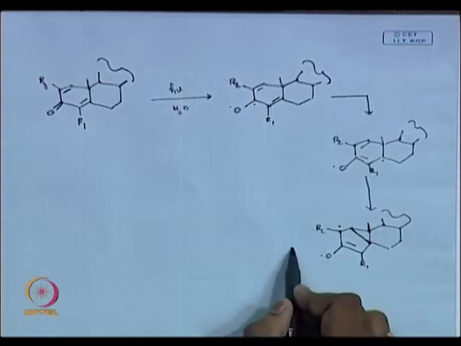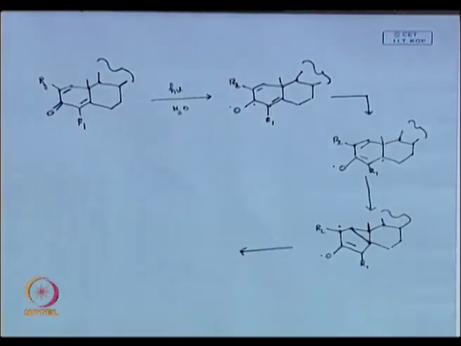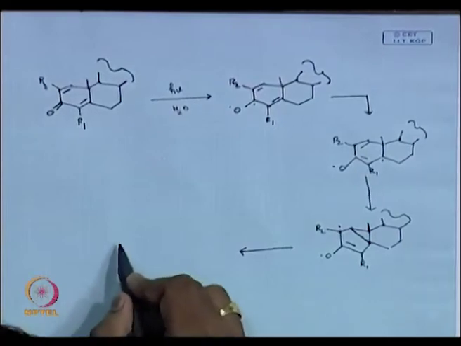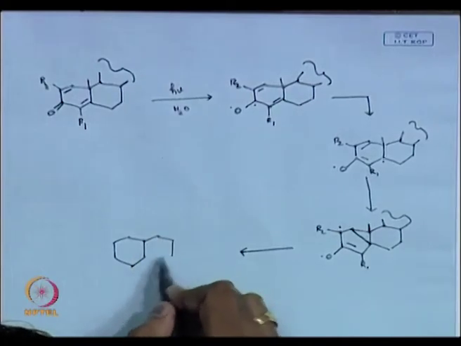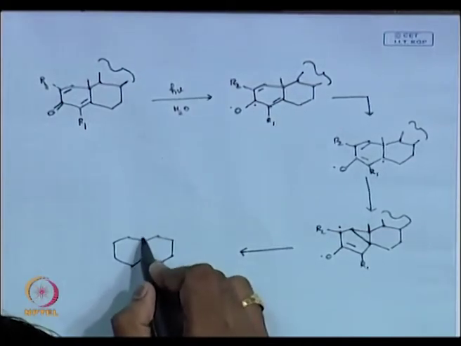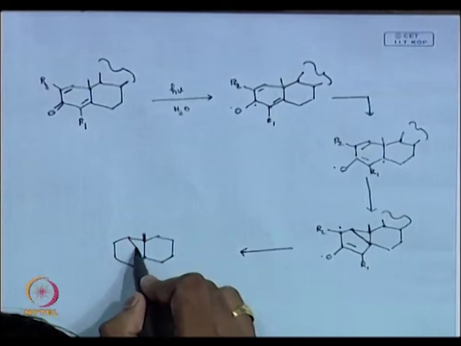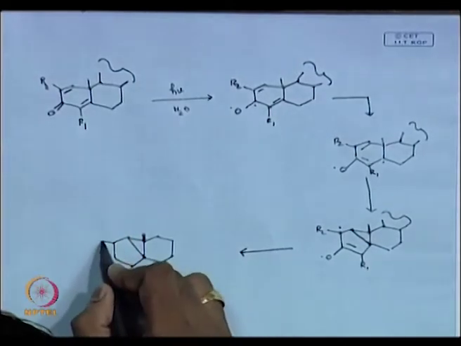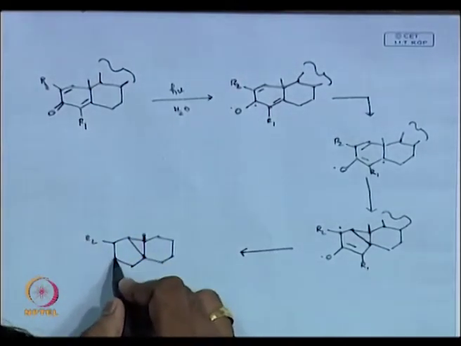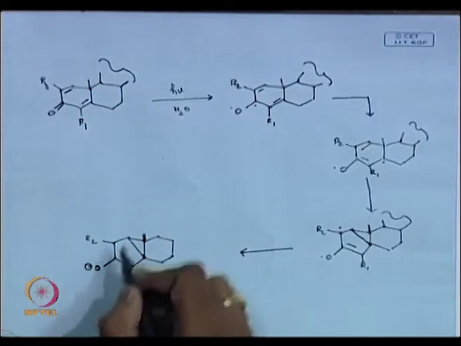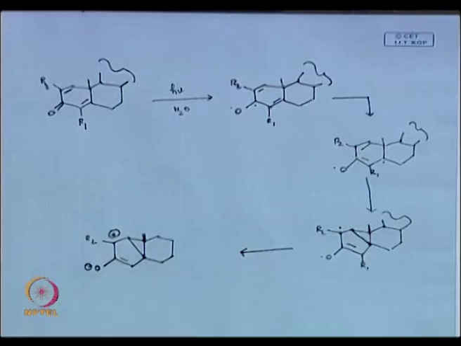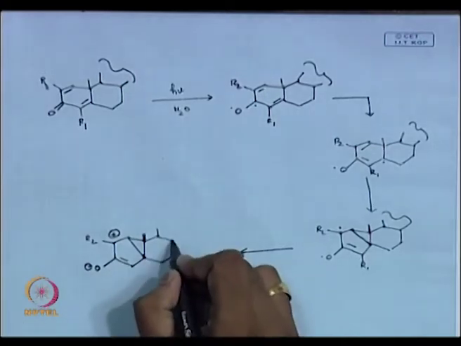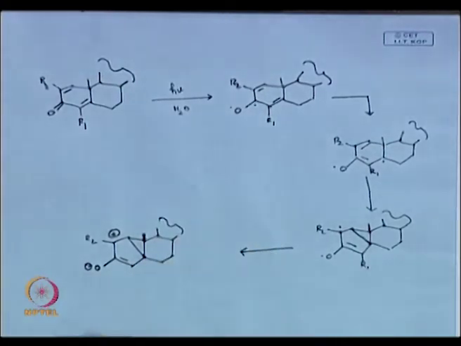Now, what happens? Now, you get your spin-orbit coupling. You get a system like this.